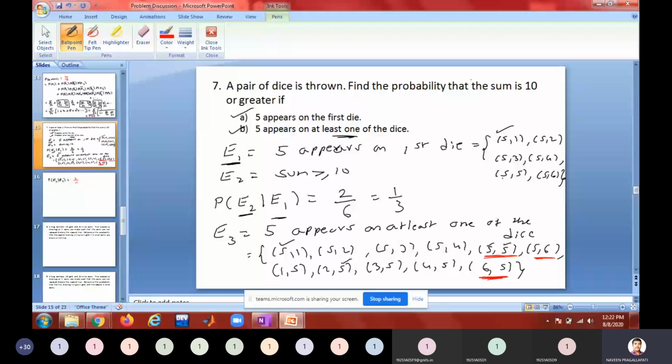Okay. So I wanted you to do this problem by using the formula. What is the formula for the probability of E2 given E1? It is the probability of E2 intersection E1 divided by the probability of E1. Now find the probability of E2 intersection E1, find the probability of E1, and take the ratio of these two.